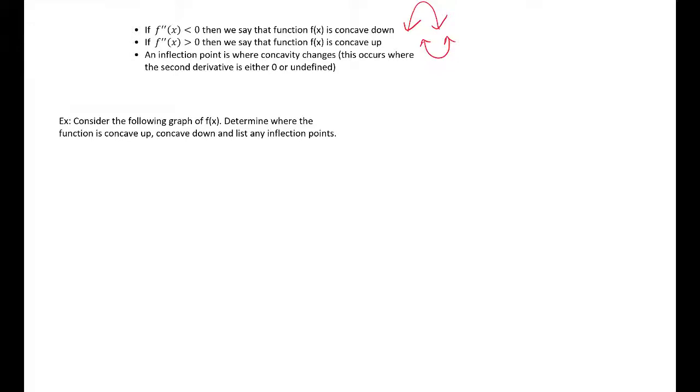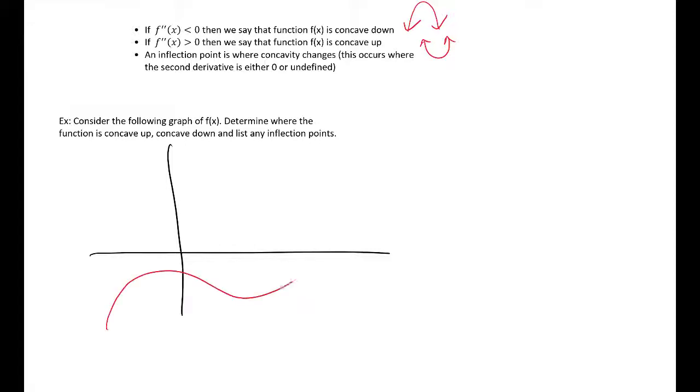Okay, so consider this graph. Let's see if I can draw this graph here. Let's make it in red. Suppose our graph did something like this. And right here, this point right here, I'm going to call this x equals 1.